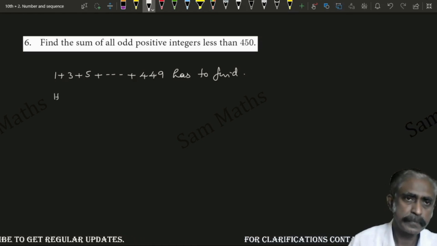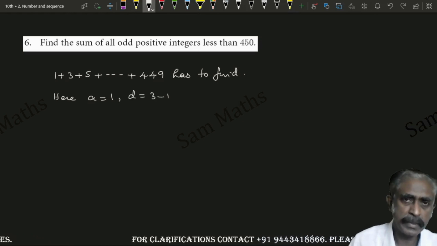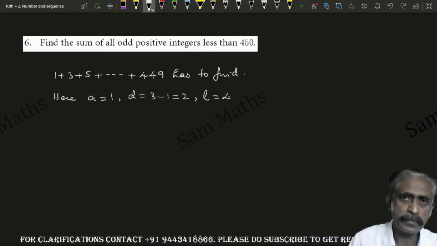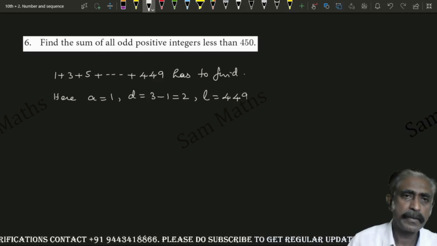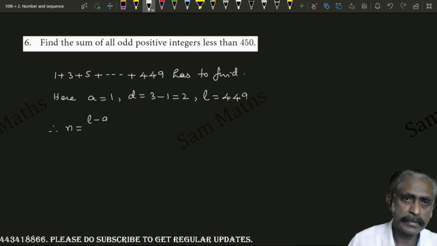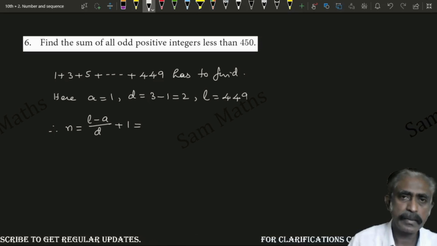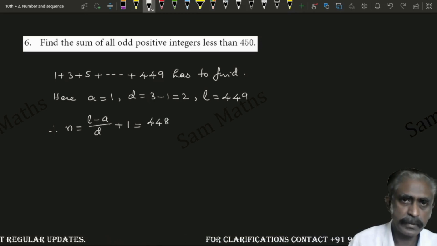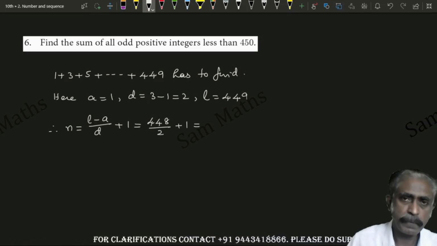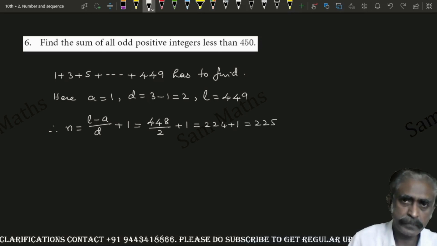Here A is equal to 1, D is equal to 3 minus 1, second term minus first term, it's 2. Then L is equal to 449. Therefore, we have to find n value. n is equal to L minus A by D plus 1, that is 448 divided by D value 2, plus 1, which is equal to 224 plus 1 equal to 225.